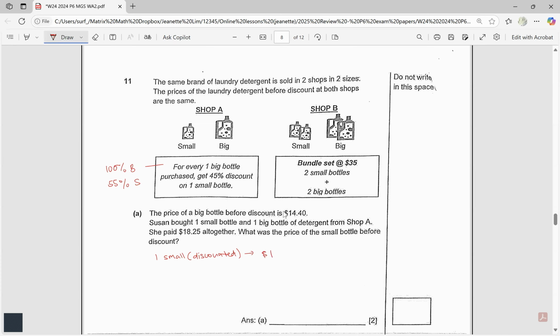So 18.25 minus 14.40, $3.85. Okay, so the $3.85 is actually 55% of the small bottle.